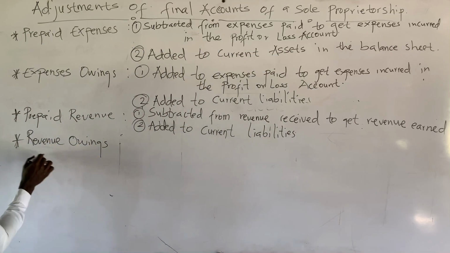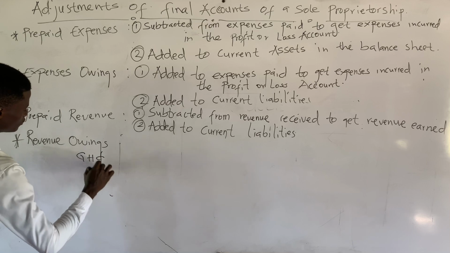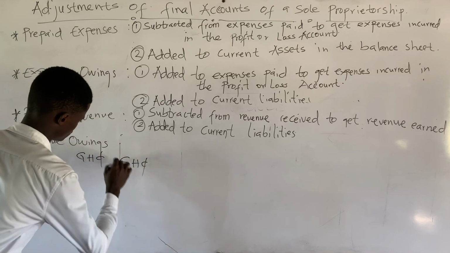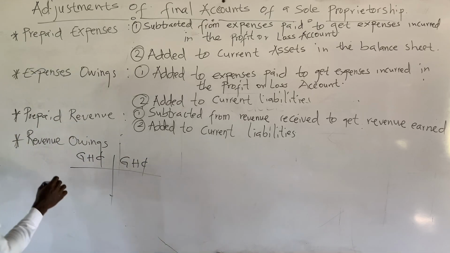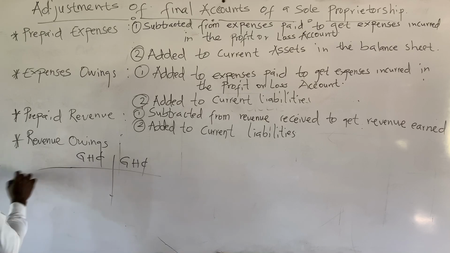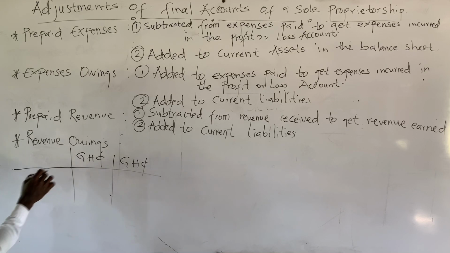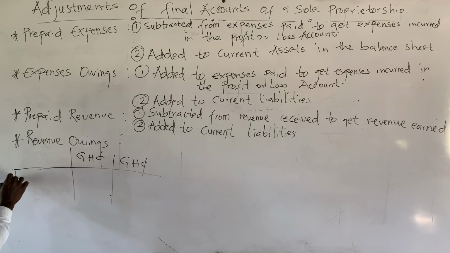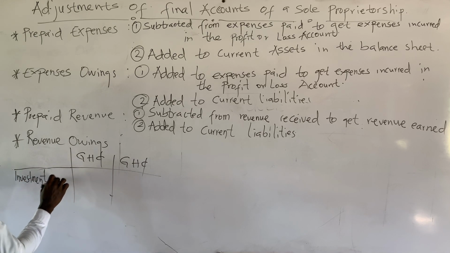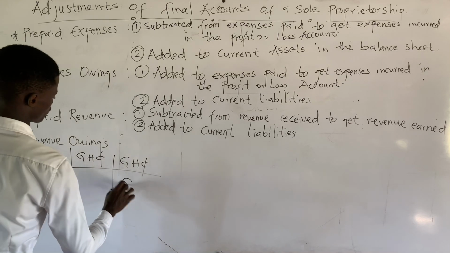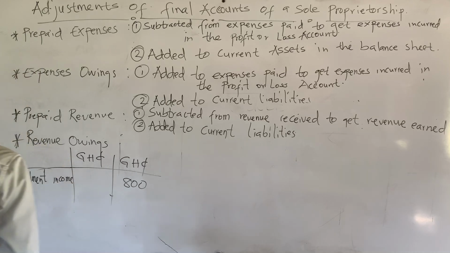So on the trial balance, we have investment income of 800 cedis.